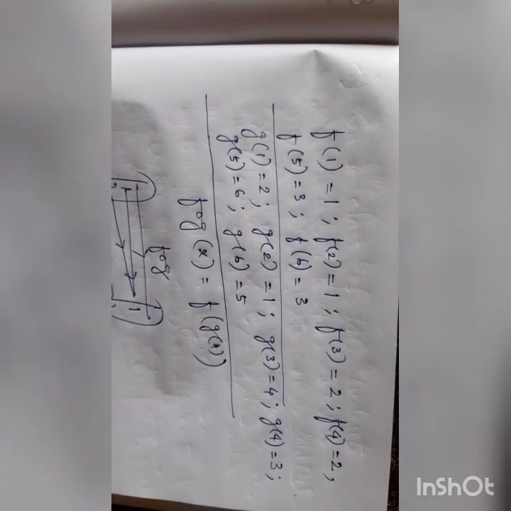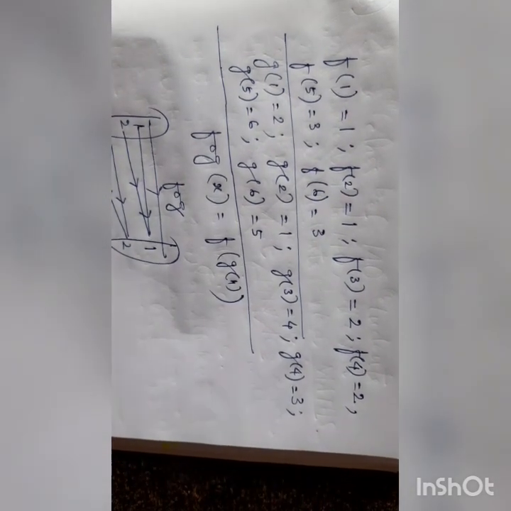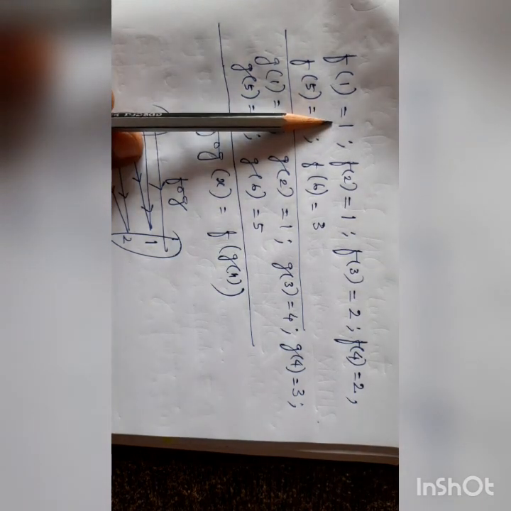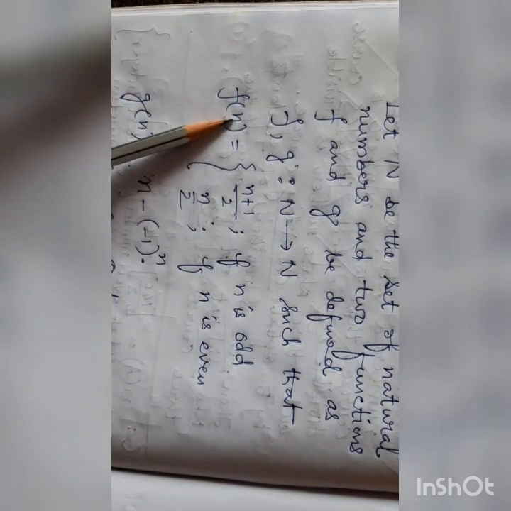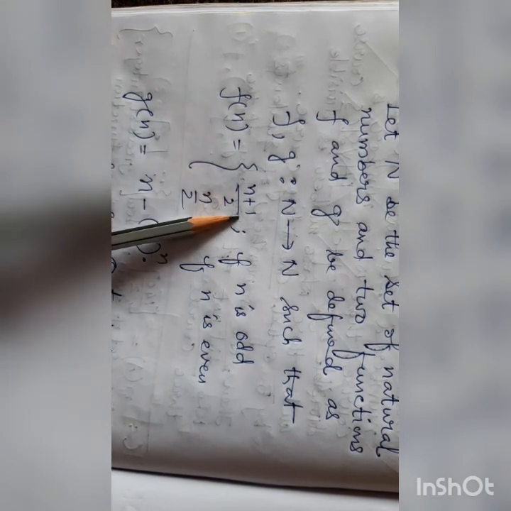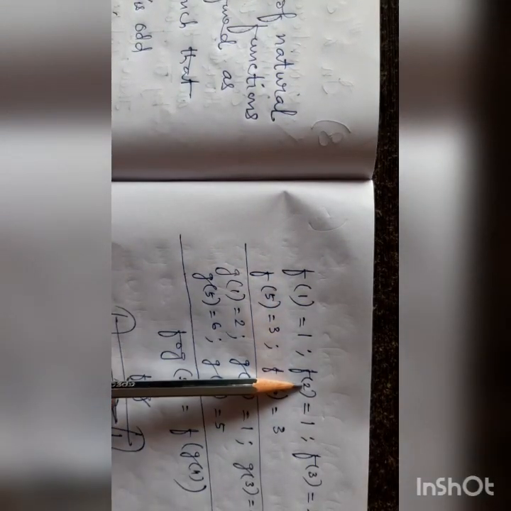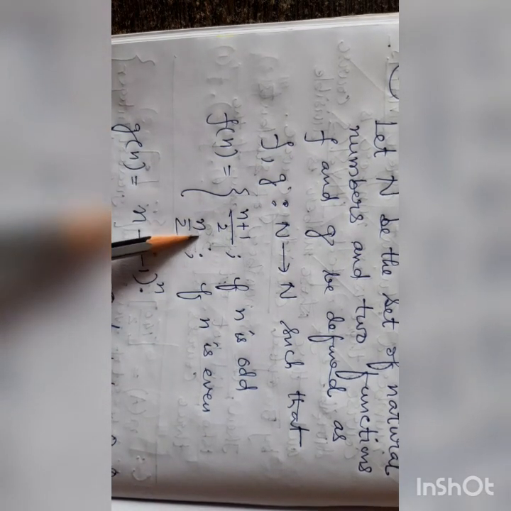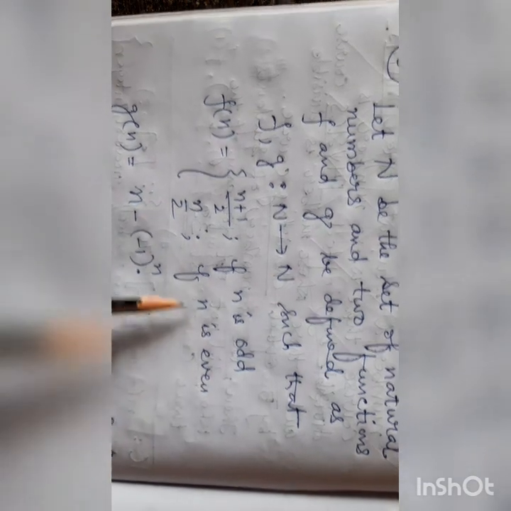You see, I have taken f of 1 equals 1. What is f of 1? 1 is odd, so 1 plus 1, 2 by 2, 1. f of 1 equals 1. Then f of 2: 2 is even, so 2 by 2, 1.